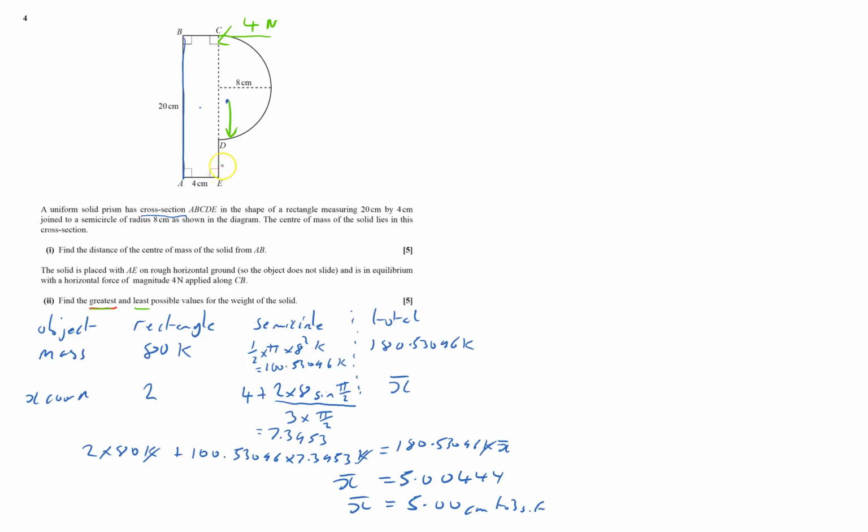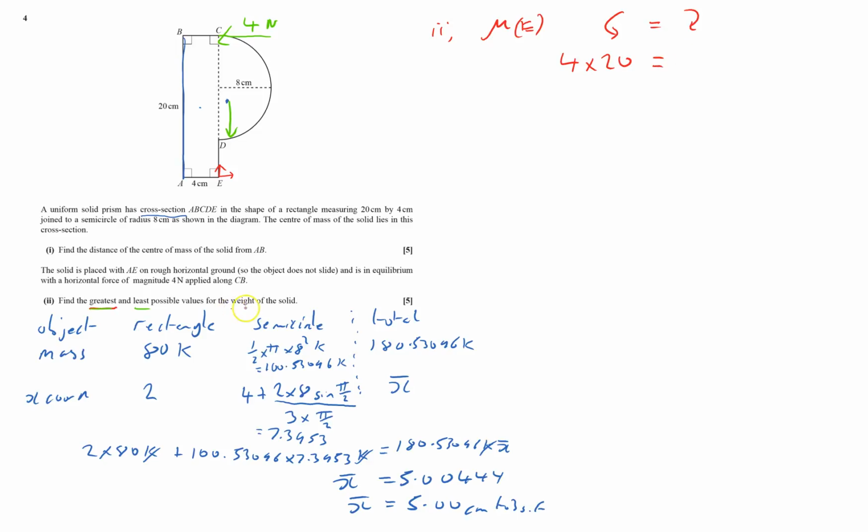If it's the greatest, it's going to be trying to topple about E, so that's where the normal contact force will be all the way across here, and I obviously have to have friction like that. And what I'm going to need to do is take moments about E, and I always like doing this. It's worthwhile getting into the habit. It sets you going. Anti-clockwise moments, just the 4 newtons up here, so it'd be 4 times that distance, which is 20, equals the weight.